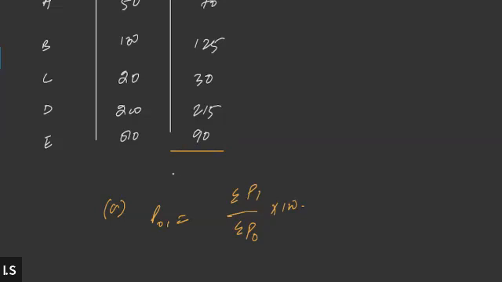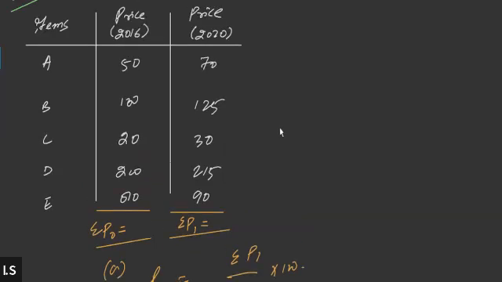The sum total of current year prices is called sigma P1, and the sum total of base year prices is called sigma P0. The base year price is called P0, and the price of the current year is called P1.